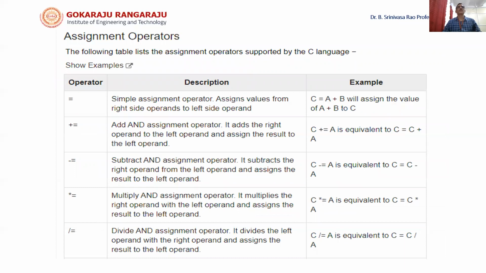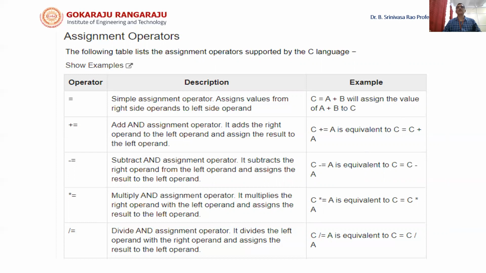Next class of operators are assignment operators. What do you mean by assignment operator? An assignment operator assigns a value that has been evaluated in an expression on the right hand side of the assignment operator, and that value will be assigned to the variable on the left hand side of the assignment operator.